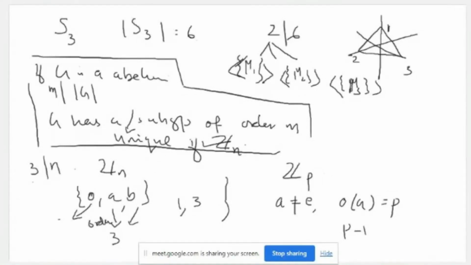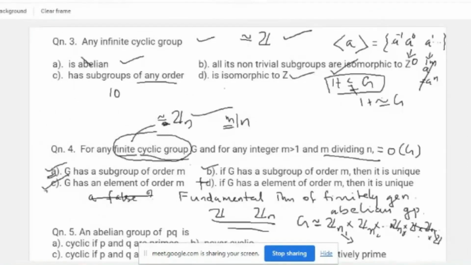So even if there is a unique subgroup of some particular order, and that subgroup is cyclic, the number of elements of that order need not be unique. It depends on the order. If M is 2, then it is 1; otherwise, for M greater than 2, that is not true.